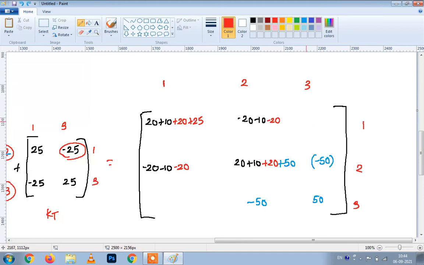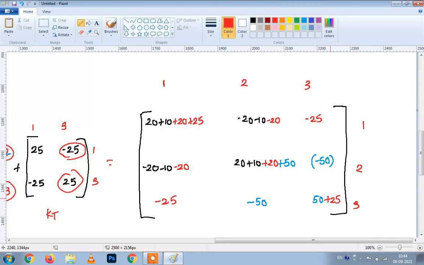So it will be minus 25. It is in third row first column. So here it is, third row first column. This is the location. It will be minus 25. And the last one, third row third column. So it will be plus 25.